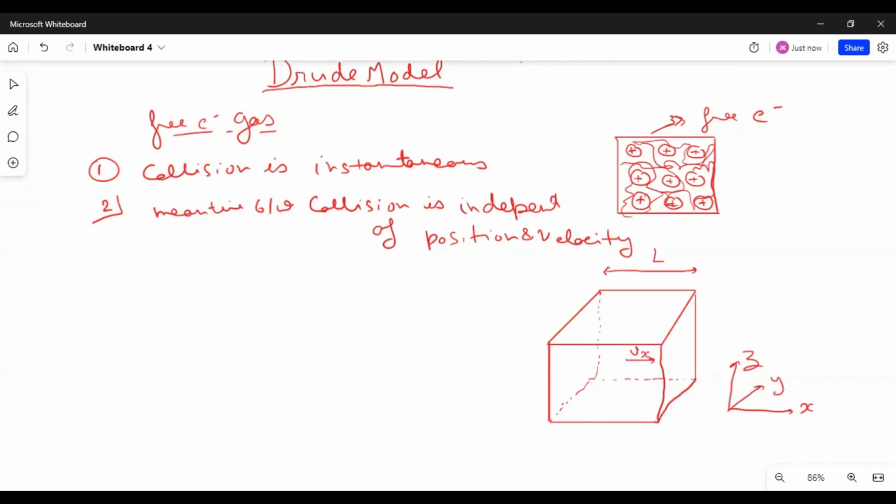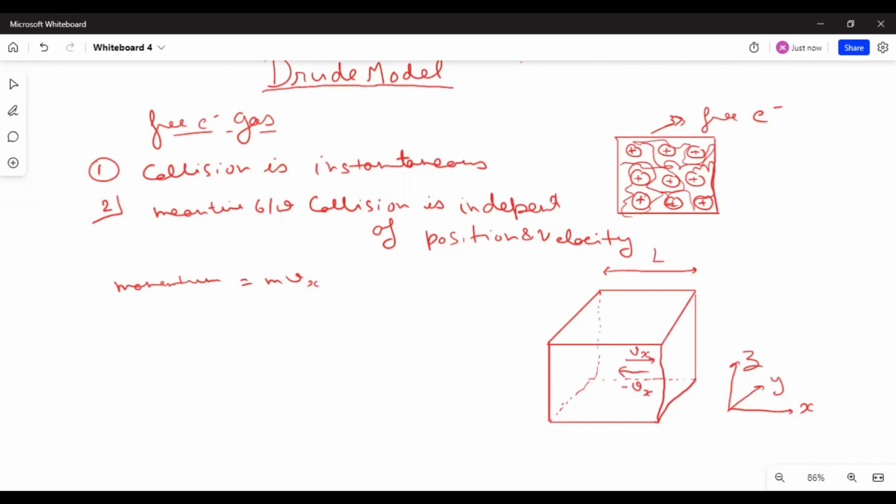The momentum of this electron will be mass multiplied by velocity. Now this is going towards the right, but when it reaches the surface, it simply reflects back. It changes direction. Now it is minus Vx.